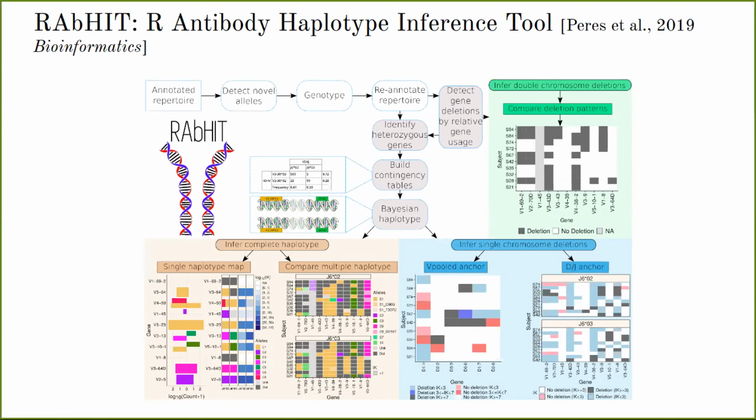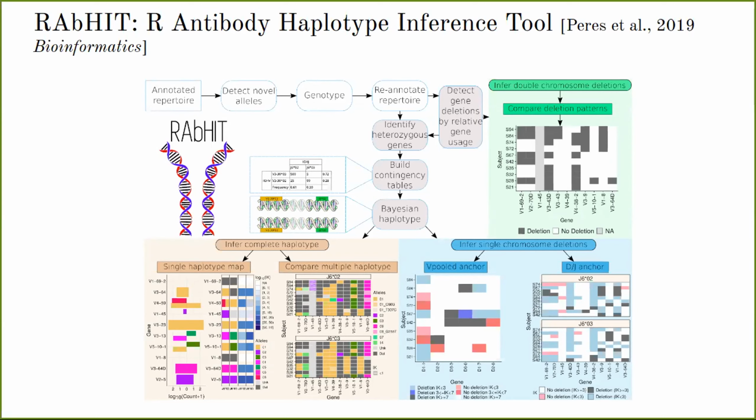But if we use a repertoire where there is at least one heterozygous gene, we can get the haplotypes, the parental chromosomes. So Rabbit takes one heterozygous gene. It can be either the J6 gene, which is widely known to be heterozygous, or it can also take one D gene that is heterozygous, for example, D28 or D221.